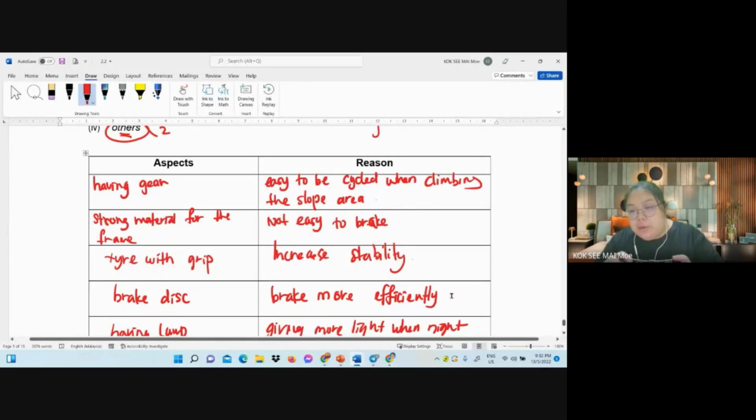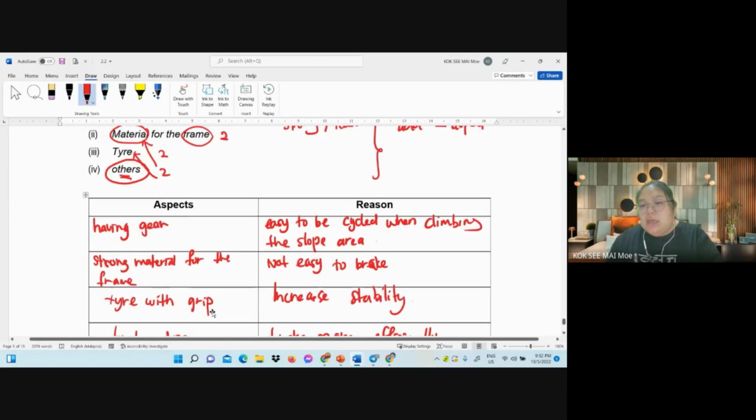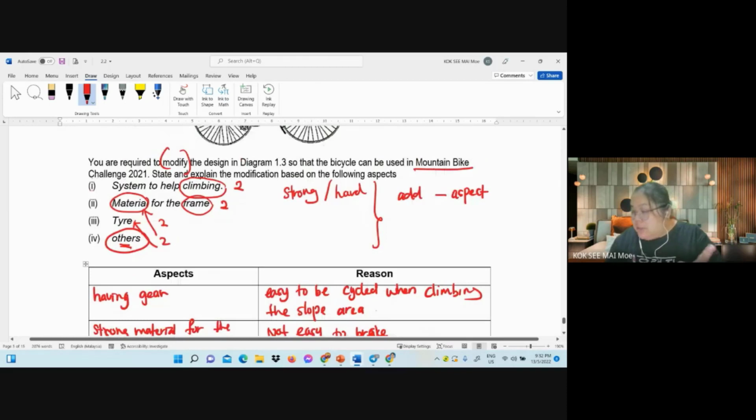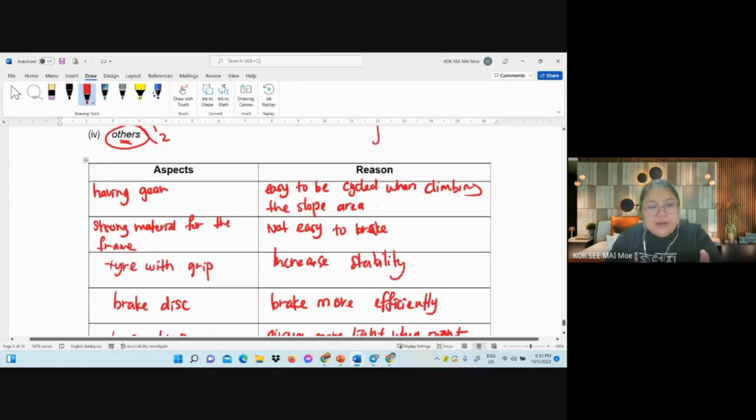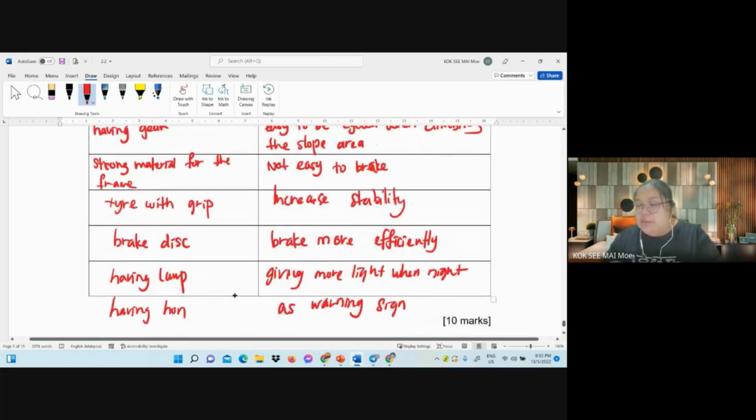Okay, bicycle they want to modify, so you can bring all these things in. If the question is like this one, okay already because they give you the aspect. Some questions, 1, 2, 3, 4, they never give you. They just ask you to modify. Then you need to modify like this. You create the aspect by yourself, and the explanation also by yourself.